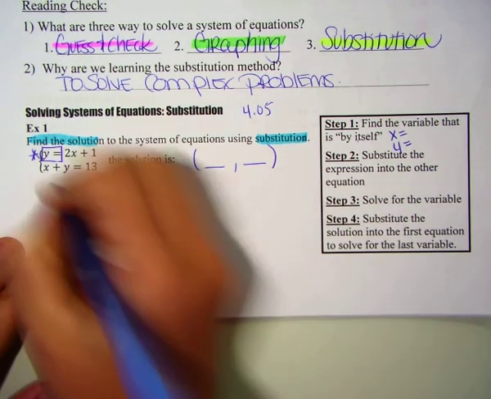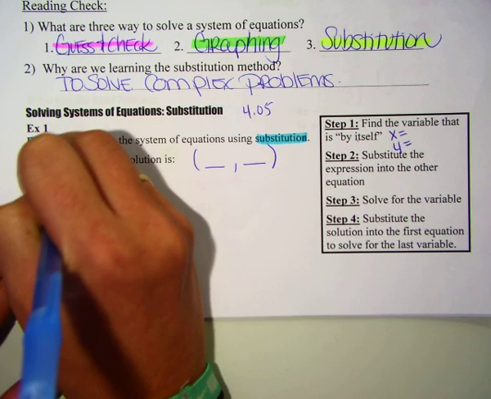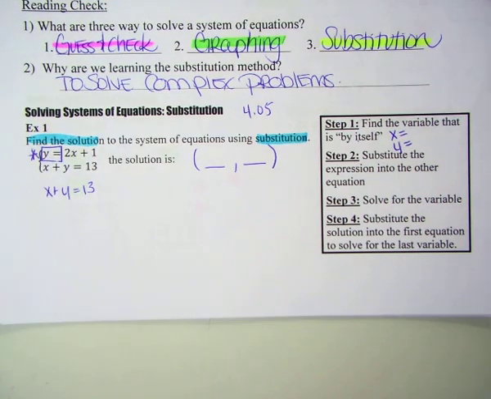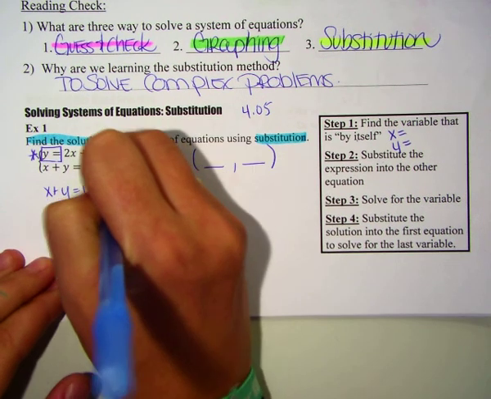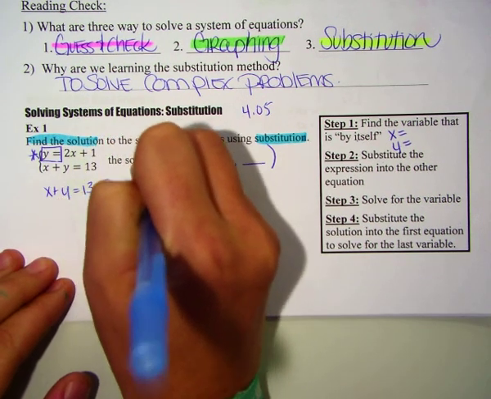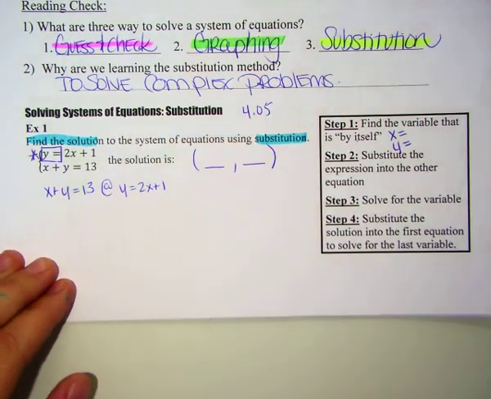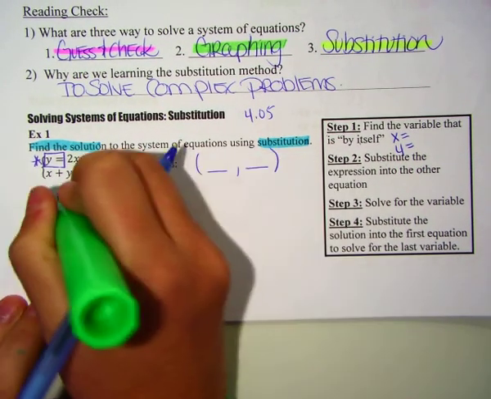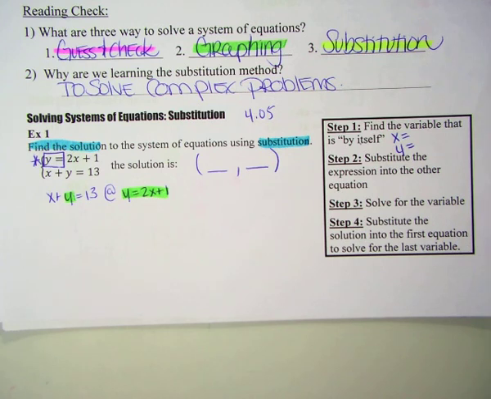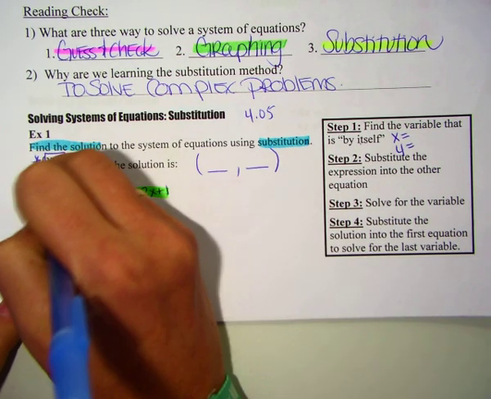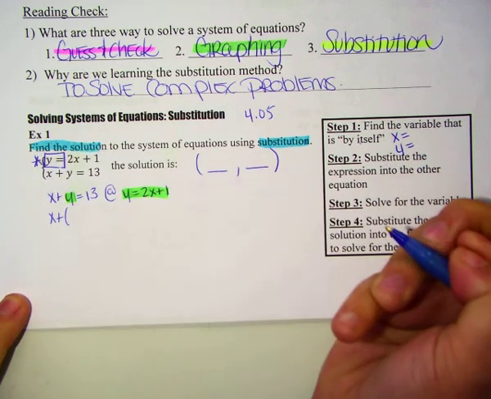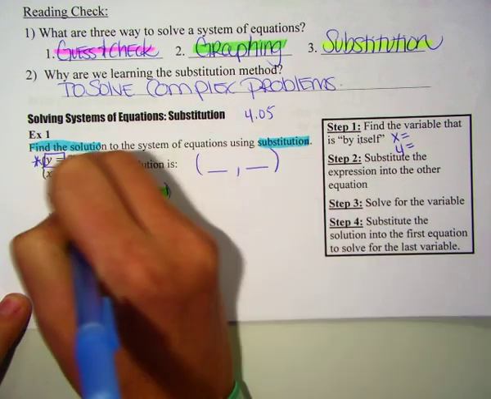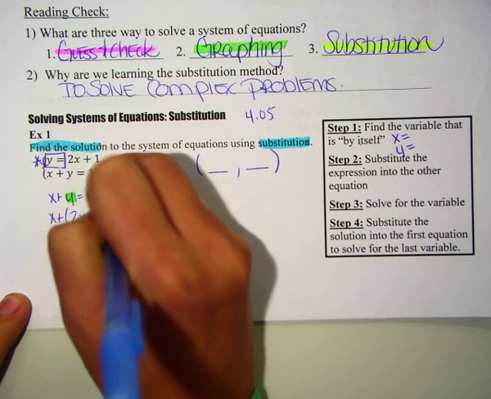So we're going to use the second equation, and we're going to substitute y equals 2x plus 1. Everywhere that we see a y, we're actually going to substitute 2x plus 1. We write x plus, substitute 2x plus 1, equals 13.